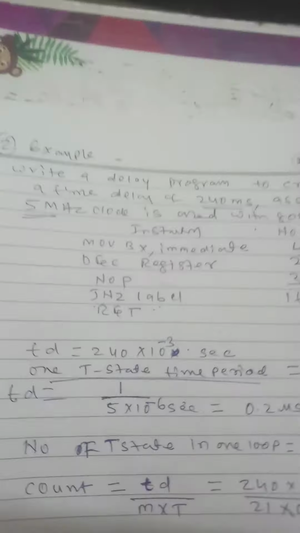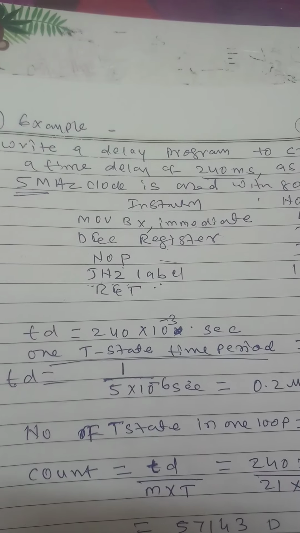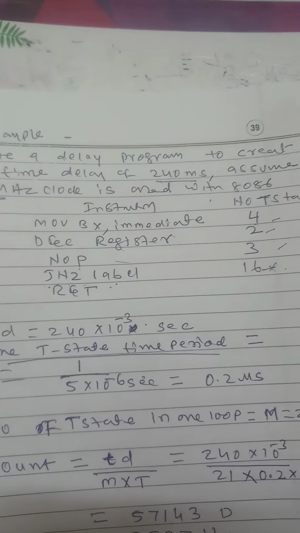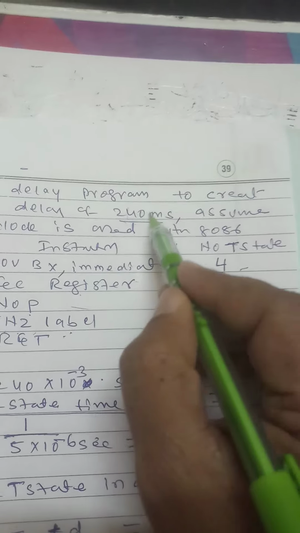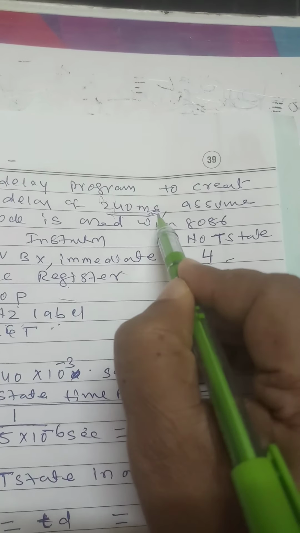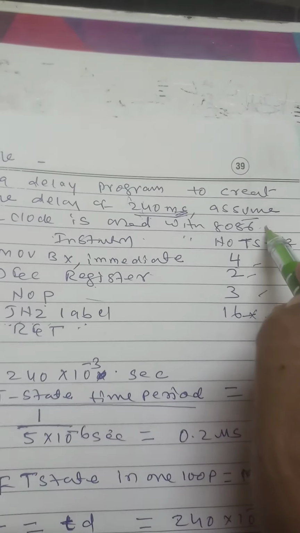So let us see one more example. Note down: write a delay program to create a time delay of 240 millisecond. Assume a 5 megahertz clock is used with the 8086.